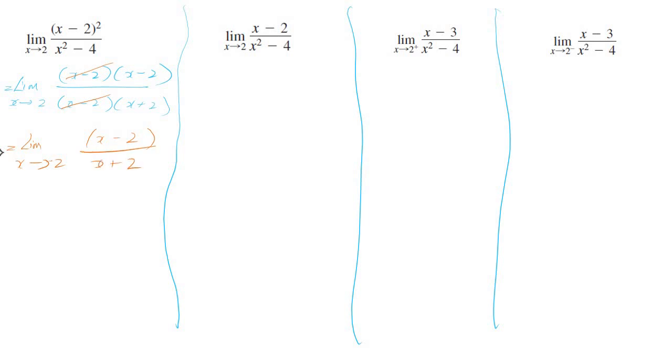So as x tends to 2, we see that we can still assign values. So what we get here is 0 over 2, and any value over 0 over any value gives you a 0. Let's go to the next question.